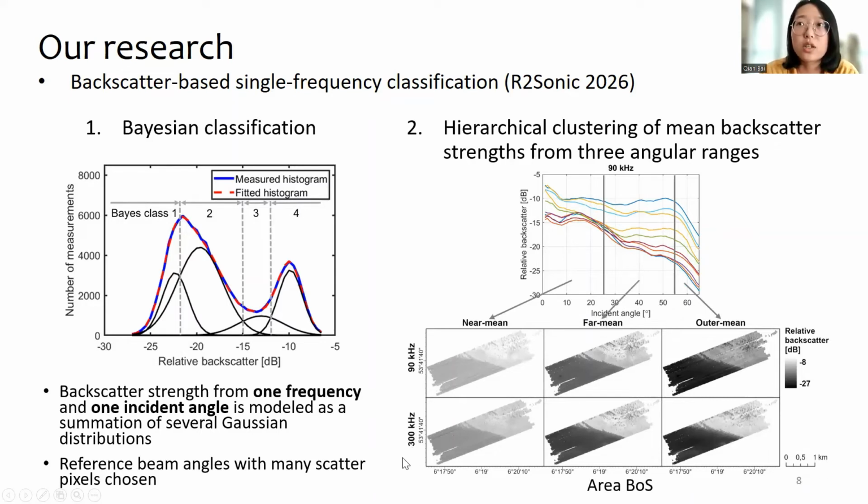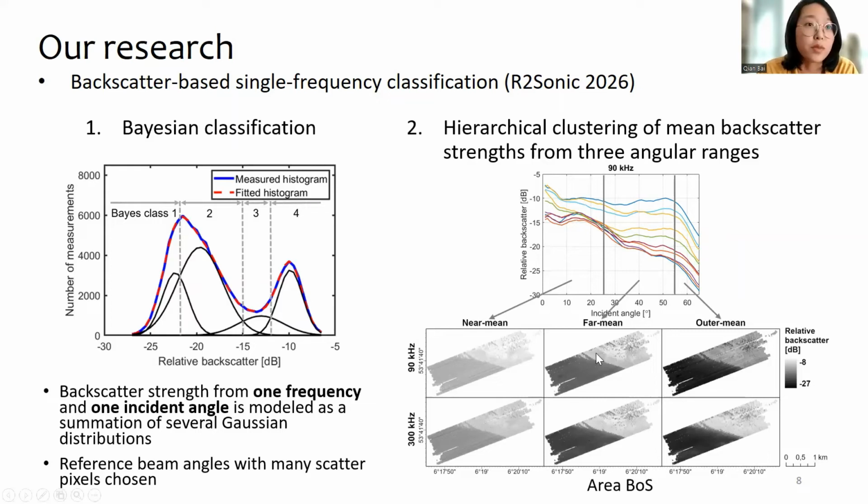Here is an example of an area, and for different frequencies we can see that different areas show different variation across these angular ranges. Also, for different angular ranges, different areas are highlighted with the highest backscatter values.